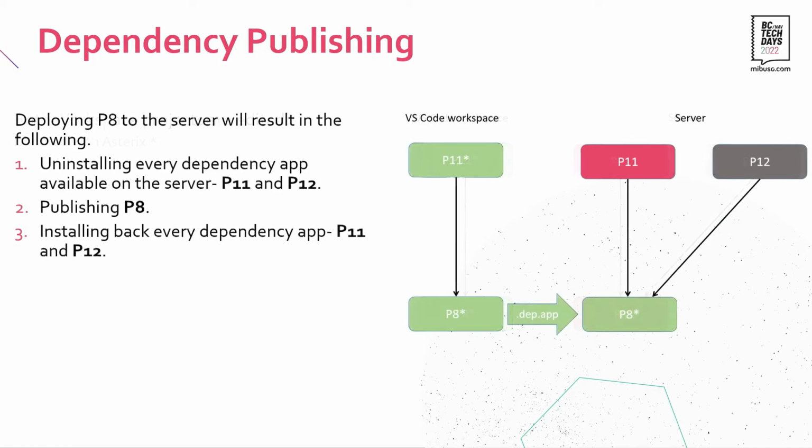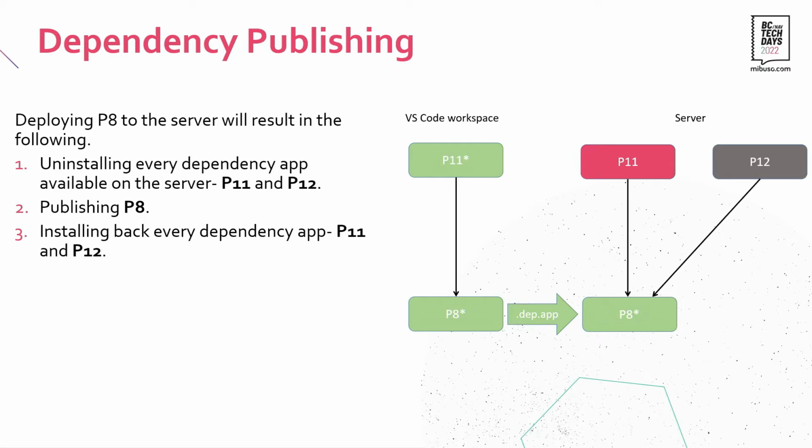So let's pick the first scenario. You have dirtied both P11 and P8, and P11 depends on P8. And then what we will do is we want to publish P8. Then we will create that file with extension dep.app.